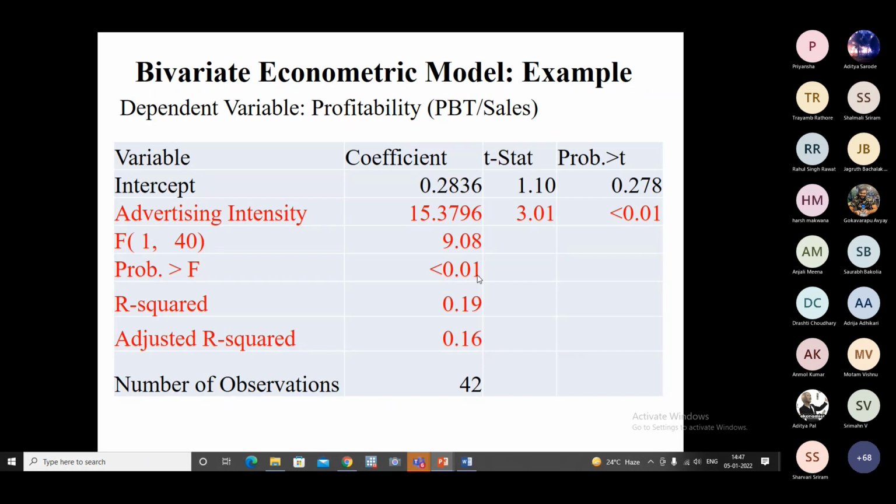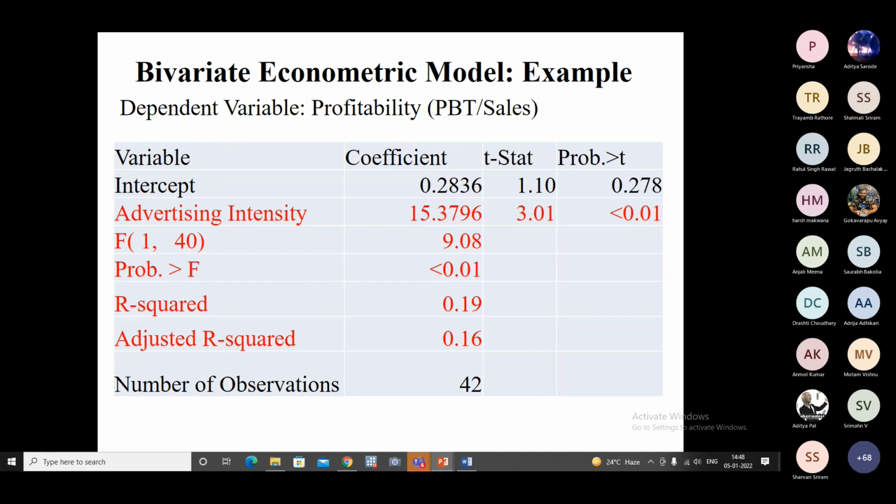So the estimated model is statistically significant at 1%. Now, what happens to R square? It is 0.19. Means around 19% variations in the dependent variable, that is profitability, is explained by advertising intensity.